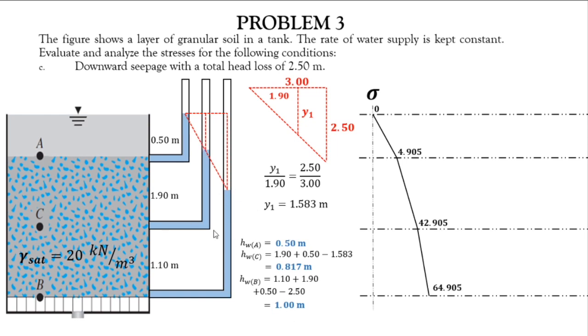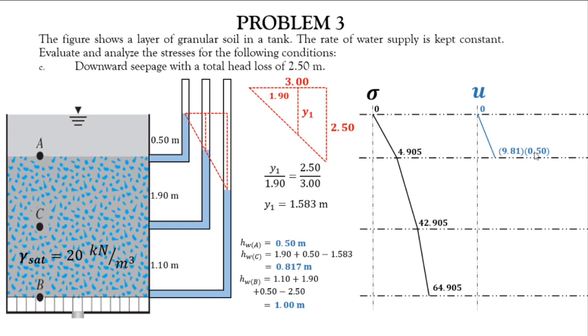Nasa illustration lang yan. So, ngayon na meron tayong mga height of water in each piezometer, pwede mo nang kunin yung corresponding pore water pressure. So, para sa pore water pressure at point dito sa taas, 0 pa rin yan. Tapos, dito, ganun pa rin. Pore water pressure is 9.81. The height of water is 0.5.